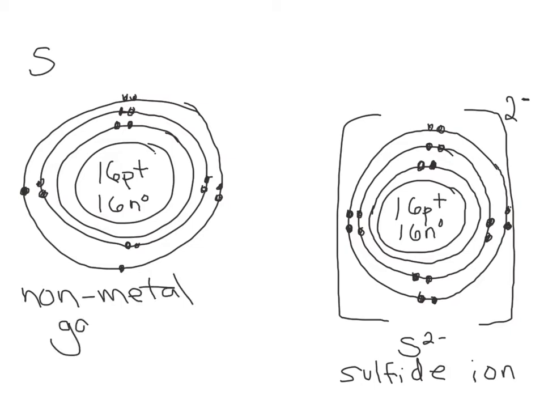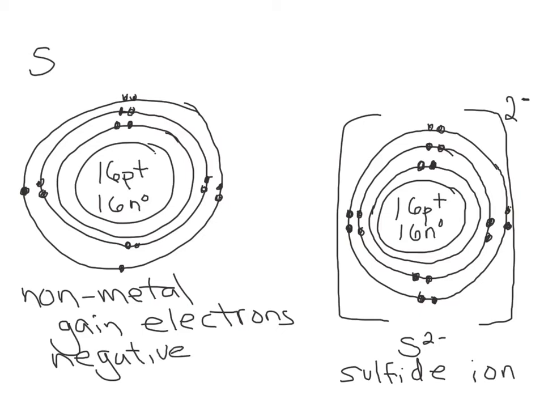Nonmetals gain electrons to become stable. They form negative ions. We also call negative ions anions. Just leave it as anion, we won't pluralize it.